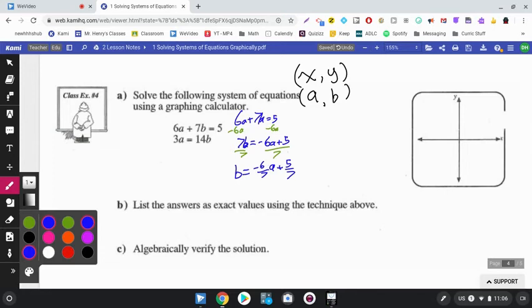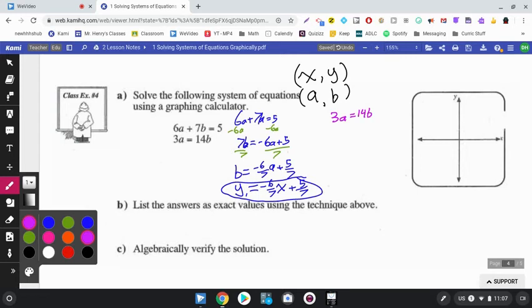And in my calculator, here's where I'm going to make the switch, because that's going to be y1 equals negative 6/7 x plus 5/7. So I'm working with a's and b's, but on my calculator, it's going to need to be x's and y's. For the other one, 3a equals 14b.